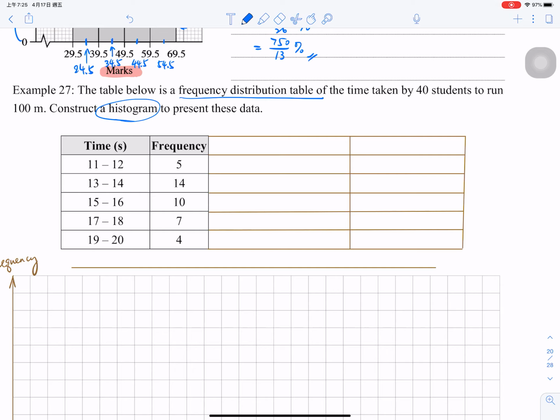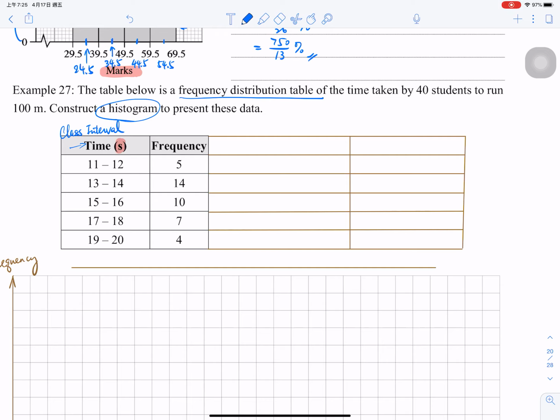Here we have the time and the frequency. Time here is actually the class interval, and we have the unit, second, and frequency.